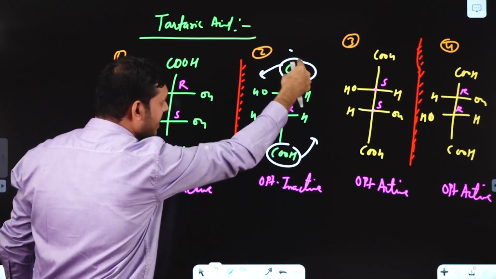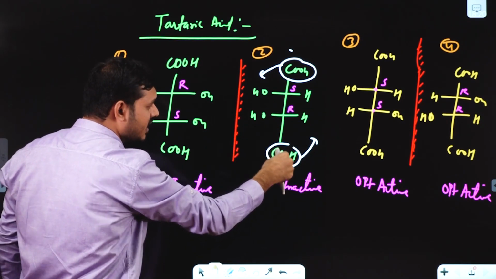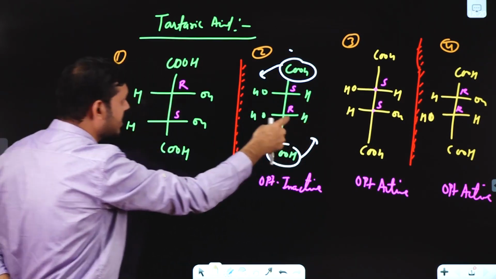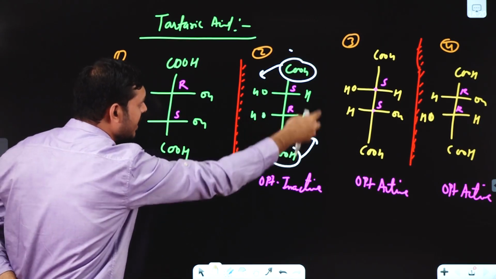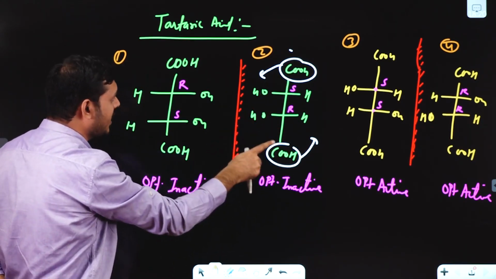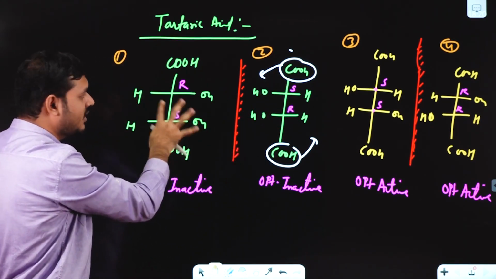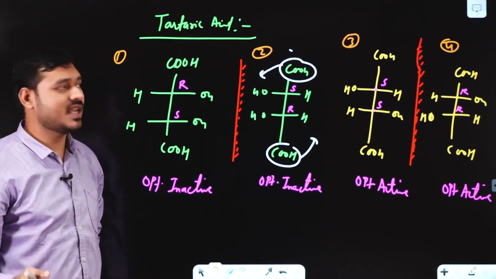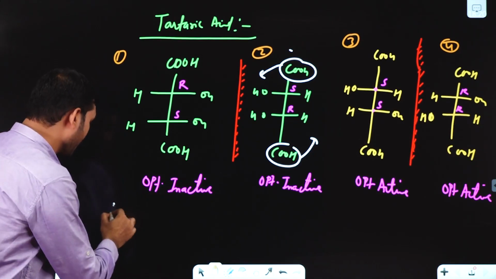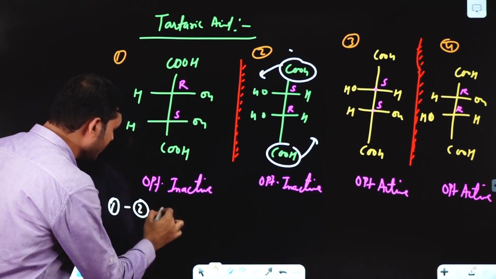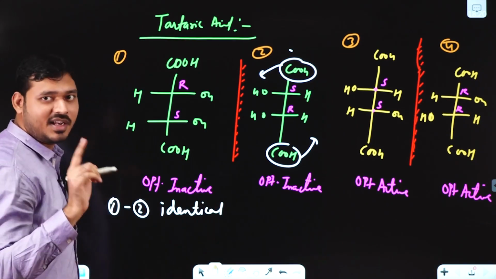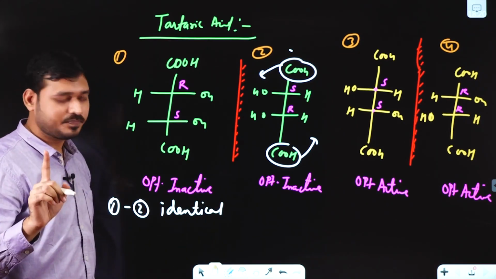So this COOH comes here, this COOH comes downside, this will go upside, this will go downside, and these two OH will come this side. See, this part on rotation in the plane of paper 180 degrees will superimpose on this. All the atoms will coincide in this one. So I can simply say that 1 and 2 are identical. Clear to everyone? Okay.